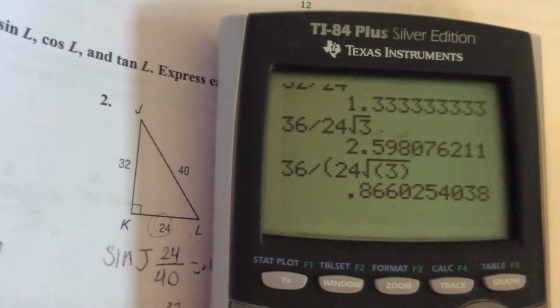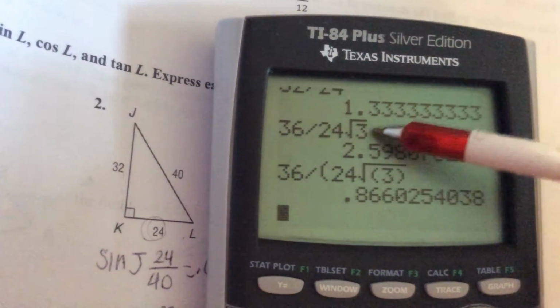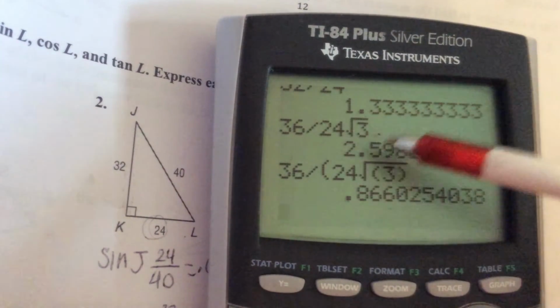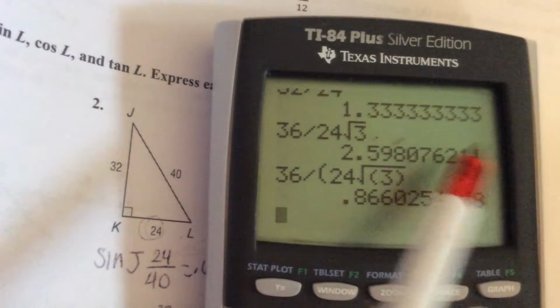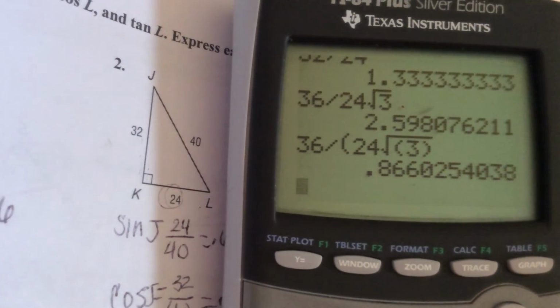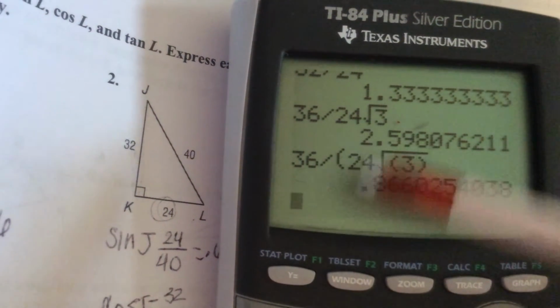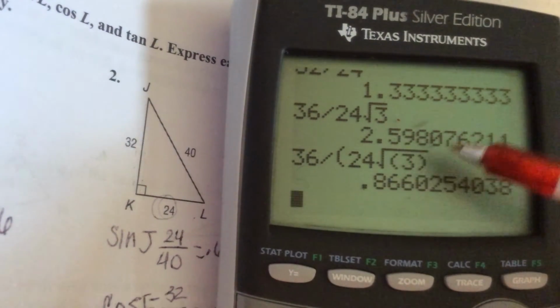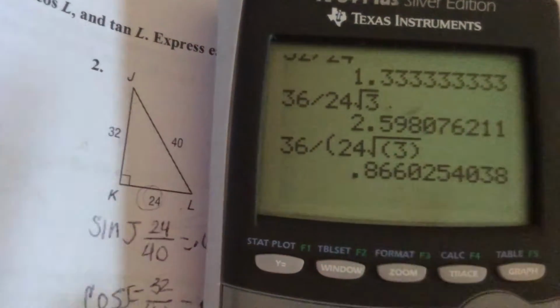Don't forget, you see my first mistake in the top one up here? I didn't put my parentheses, so it gave me a 2.59. You have to make sure that when you're sticking this into the calculator, you put your parentheses around the bottom denominator. Okay, so 36 divided by parentheses 24 square roots of 3, and it gives you approximately 0.87.